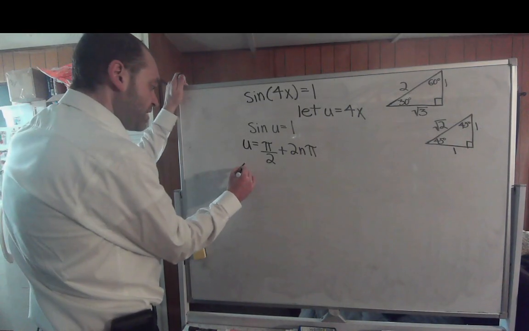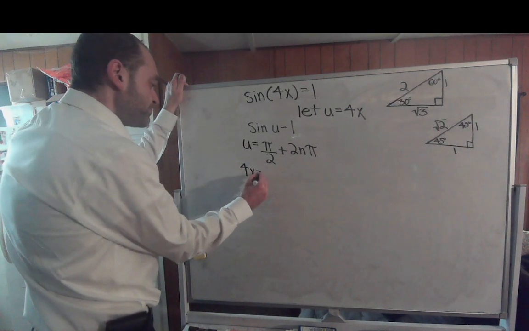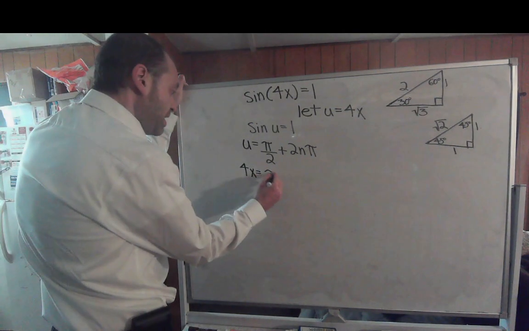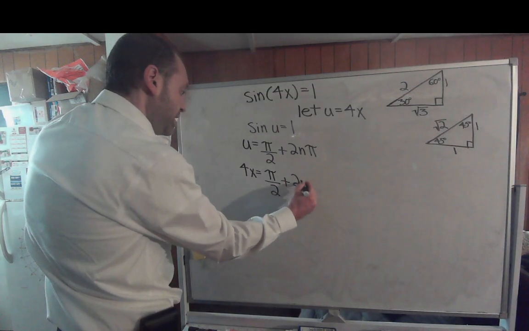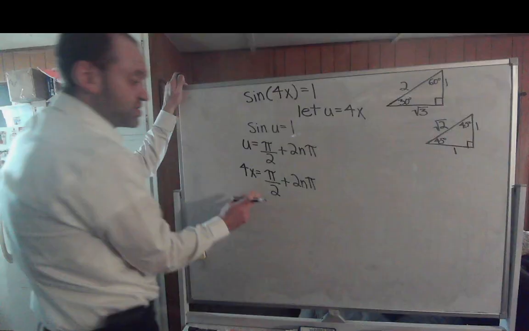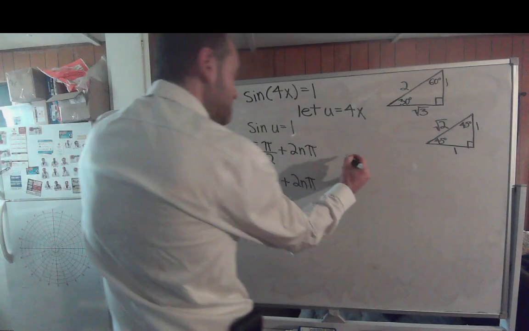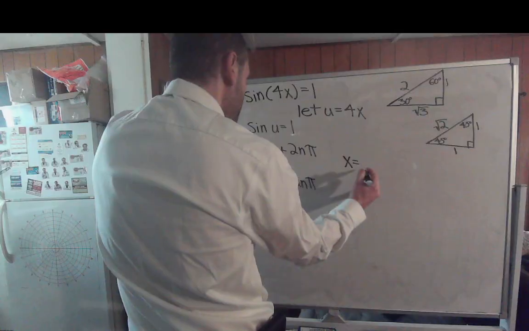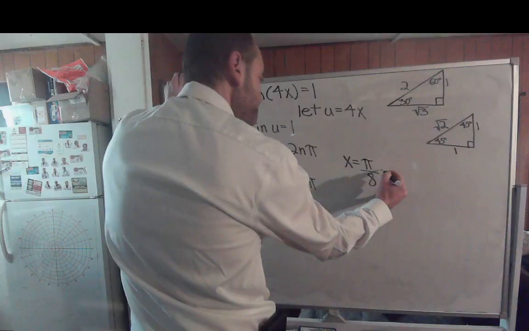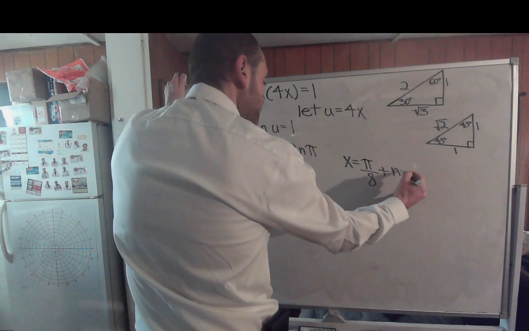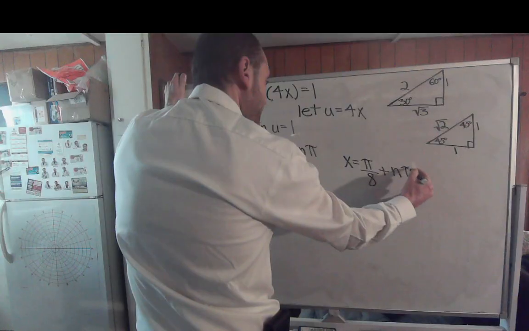So now you have that 4x is equal to pi over 2 plus 2n pi. Well, to solve for x, just divide both sides by 4. You should end up getting that x equals pi over 8 plus n pi over 2.